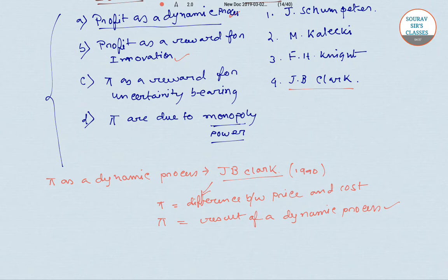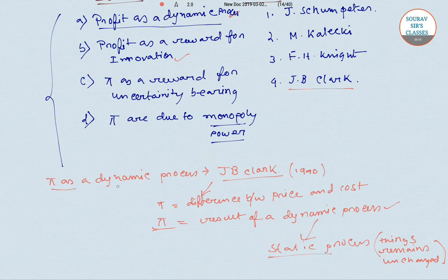According to him, the static process is the opposite of the dynamic process. In the static process, according to him, profit does not arise. Why? Because a static economy is the one in which things do not change significantly or remain unchanged.